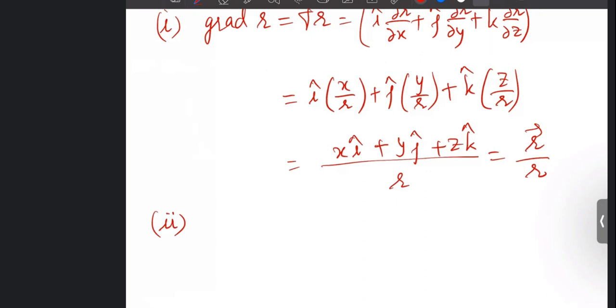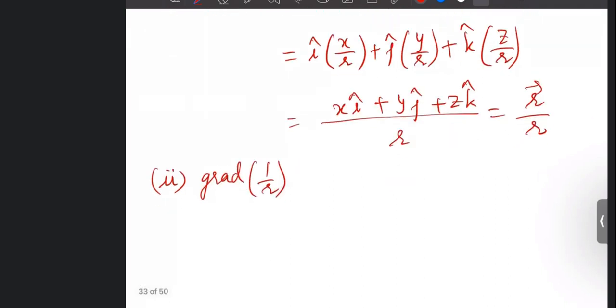Now come to the result of the second part, that is gradient of 1 by r.